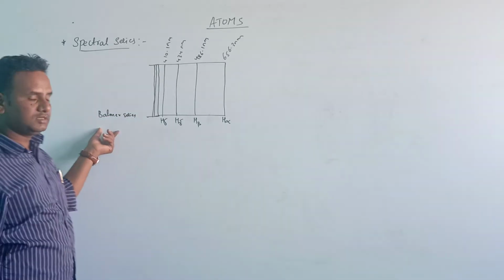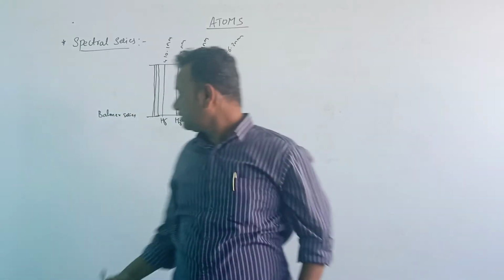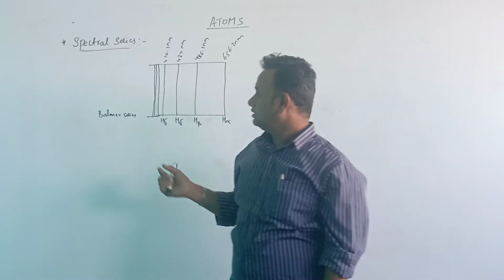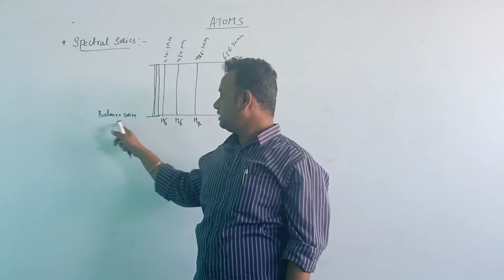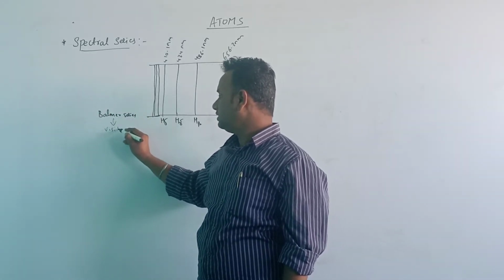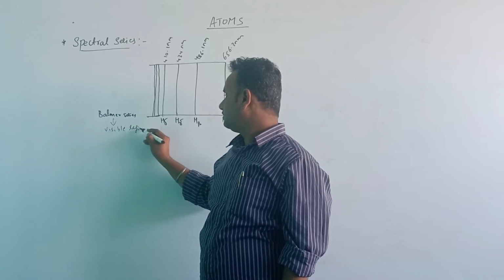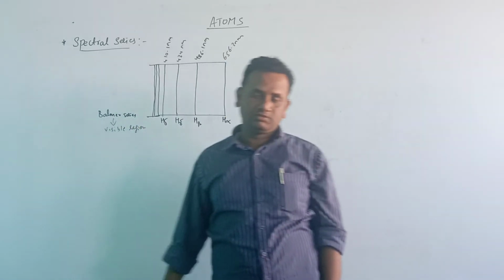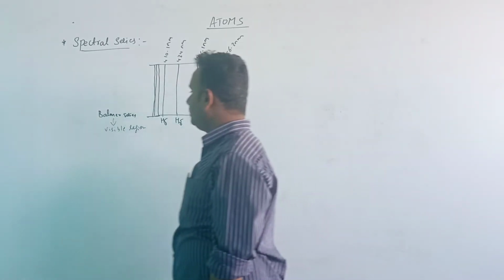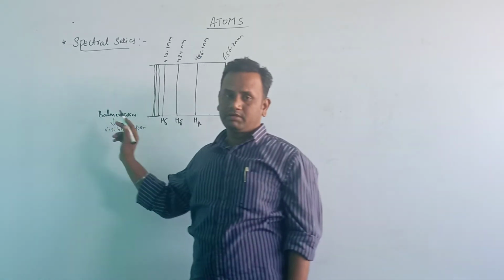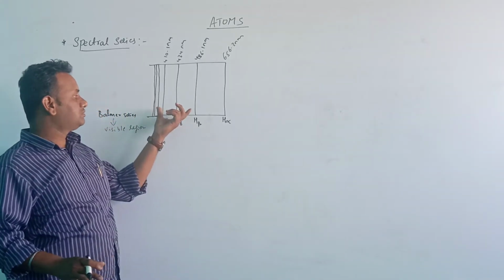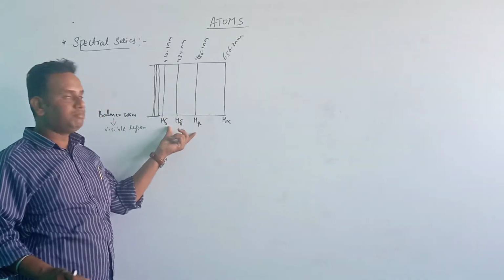It was observed by the scientist Balmer, in the visible region. It was the first spectral series observed by Balmer in the visible region, hence it is called the Balmer series.